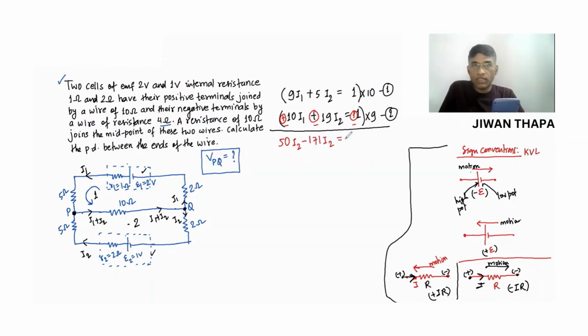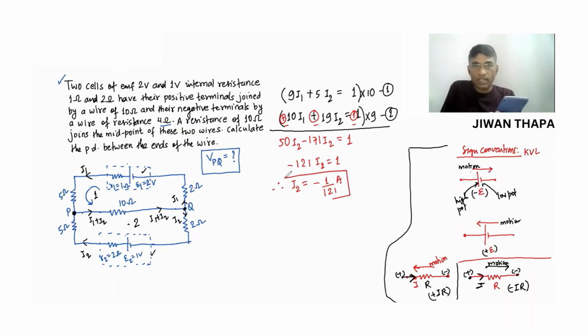So this gives minus 121 I2. On the right hand side, we have 10 minus 9, that is 1. So we get minus 121 I2 equals 1. Therefore, I2 equals minus 1 by 121 ampere.